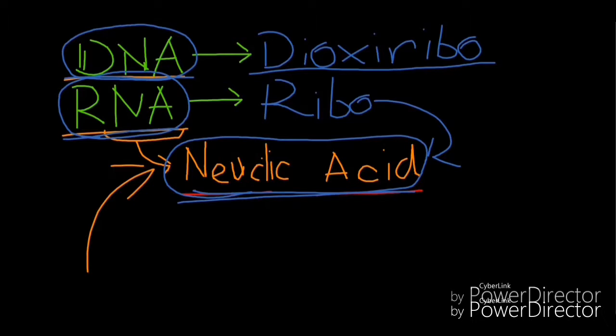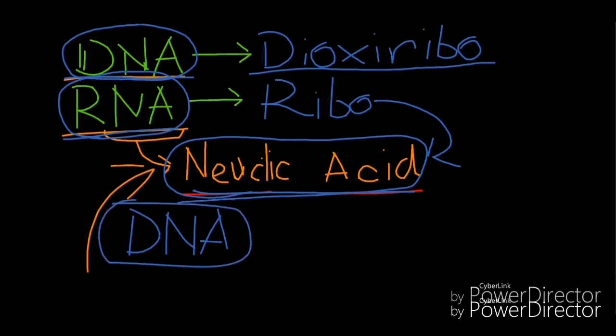In animals' organs, which have multiple cells, most of the time we find DNA. DNA is present in animals which have multiple cells, but often animals which have a single cell also contain DNA. So where is RNA located? This is your question, right?